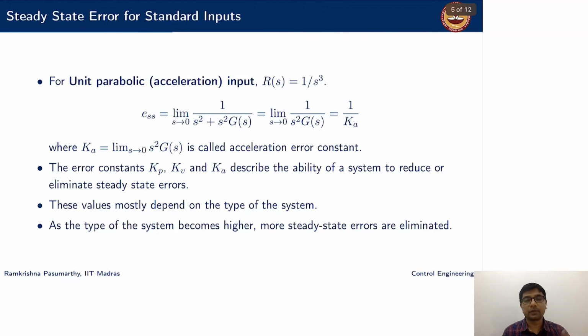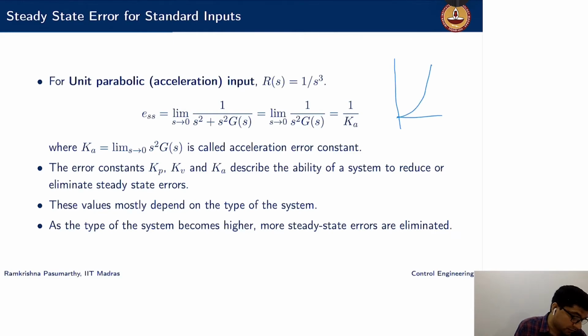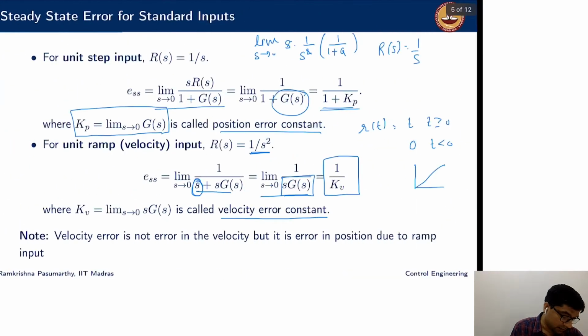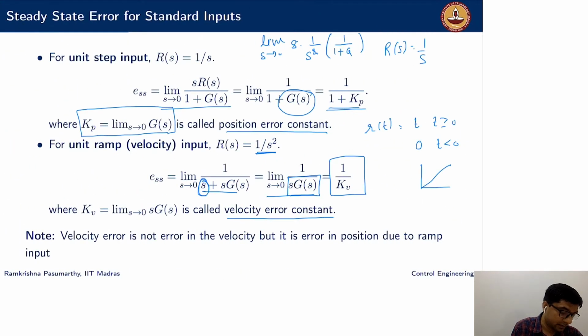Then I can keep going one step further. If I take a parabolic input, the Laplace transform for a parabolic input is 1 over s cube. So one more s will show up in the terms here.